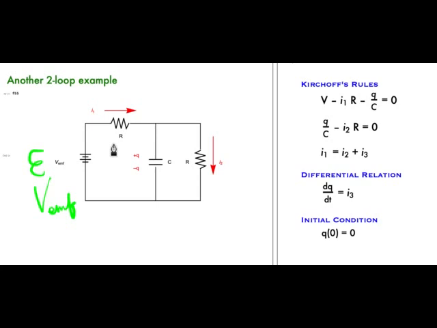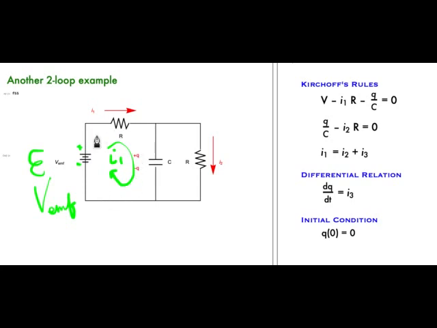We have Kirchhoff's loop rule for the first loop. Let's say there's a current. Let's assume it's clockwise. After all, this is the positive side of the battery. This is the negative side of the battery. So the positive electrode will send a current off in this direction. There'll be a current coming into the negative electrode.